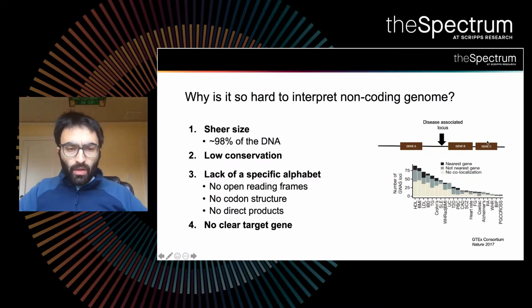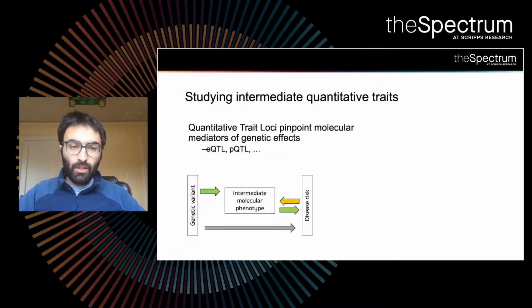So to solve some of these issues, that is, the interpretability of the non-coding genome and how variation in the genome corresponds to function, one of the ways people go about this is to look at intermediate phenotypes.